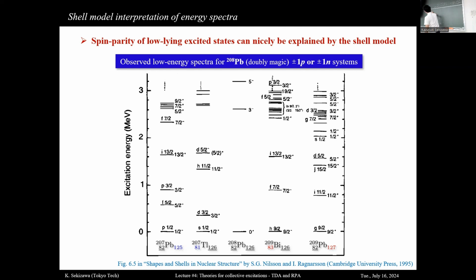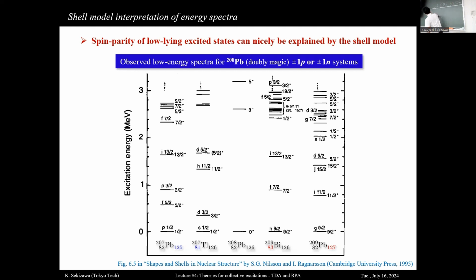The next shell has negative parity, and the next largest negative parity orbital will be next to G, which will be H. So here there should be some intruder state with negative parity and J upper, so it will be H11/2.